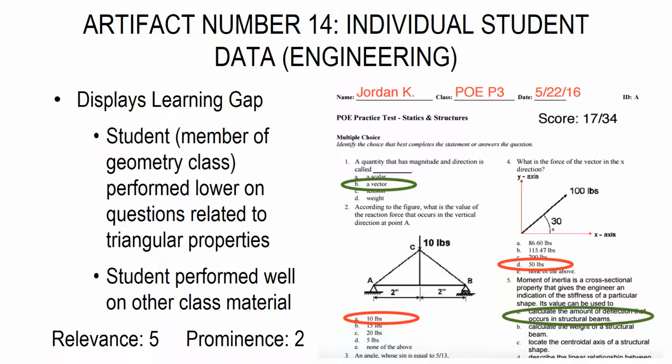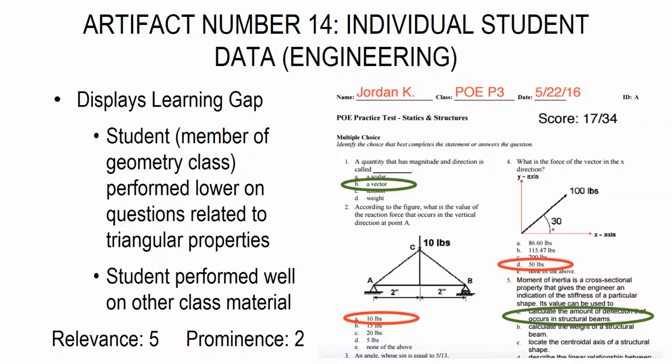And I believe for artifact number 14, we had individual student data. This is from our physics teacher, Danny, in that he looked at an individual student test that displays a learning gap where this member of the geometry class performed lower on questions related to triangular properties.